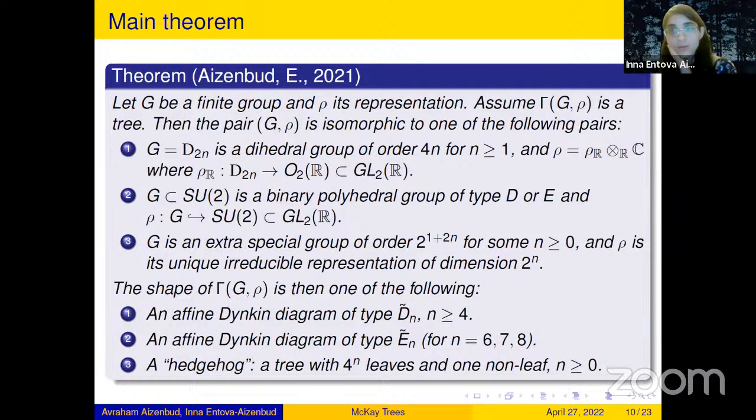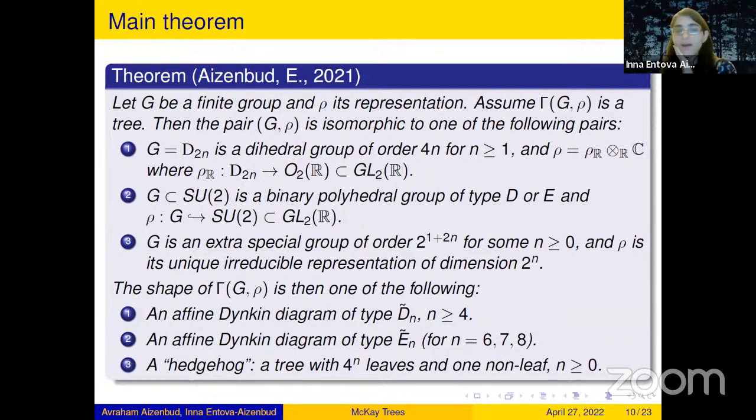This is actually not that difficult. But furthermore, we can say what are the possibilities for G and rho. Namely, G can be one of the following. G can be a dihedral group of order divisible by 4. In that case, rho would be just the natural two-dimensional representation coming from the real representation.